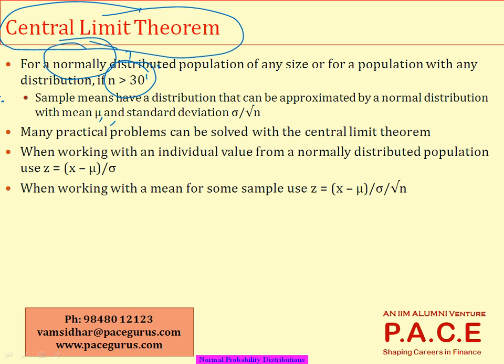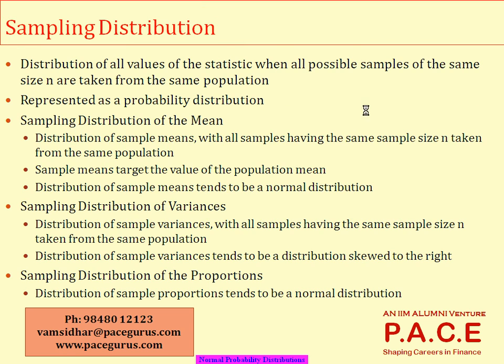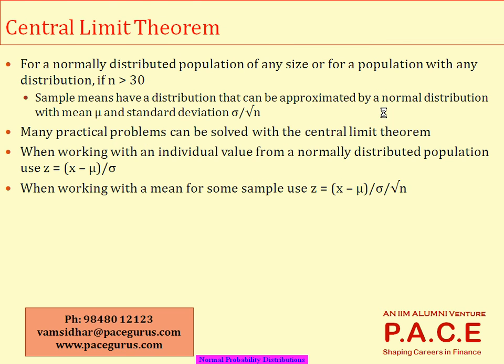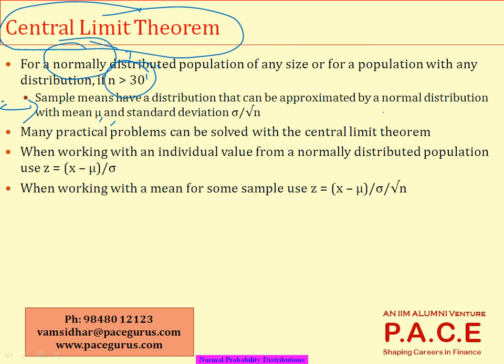What it says is, whatever sample means we are taking, in this case we have taken various sample means, 165, 167, 168.5, and we try finding out their distribution. That particular distribution of the sample means will always be approximated to a normal distribution. So that's one of the key reasons we need to understand the normal distribution.